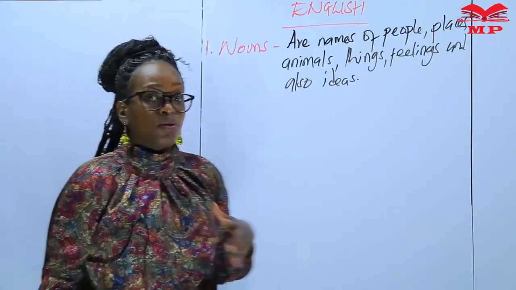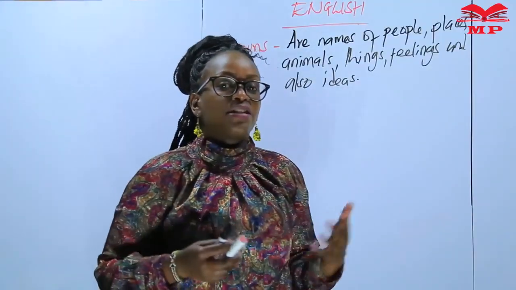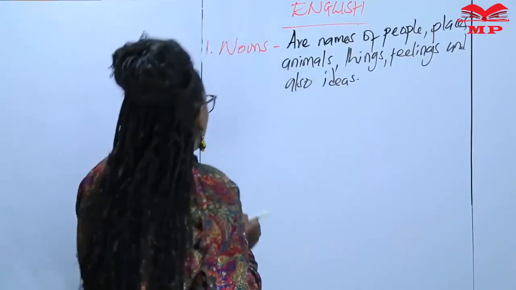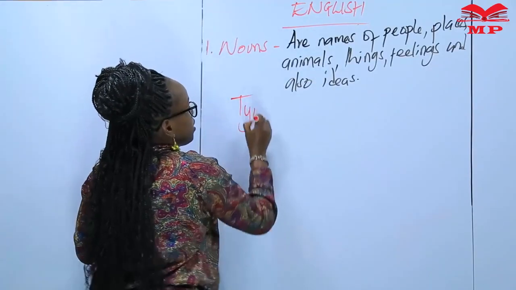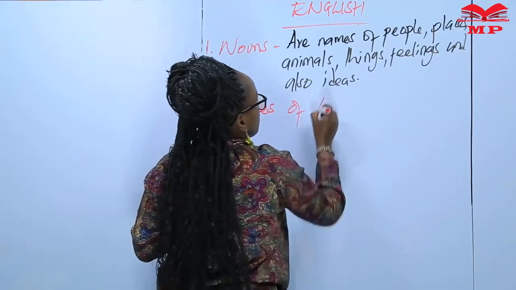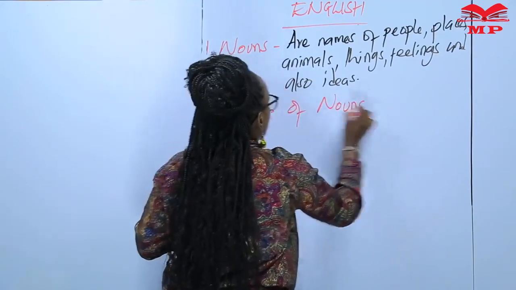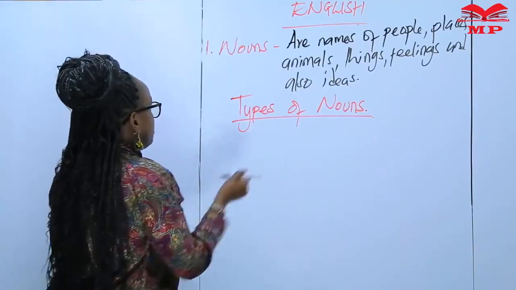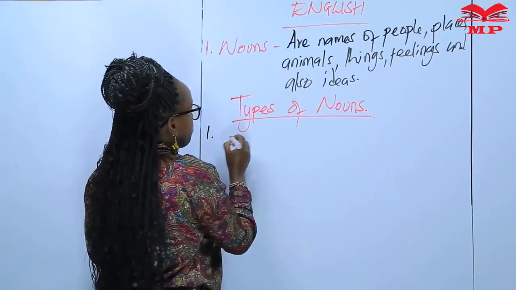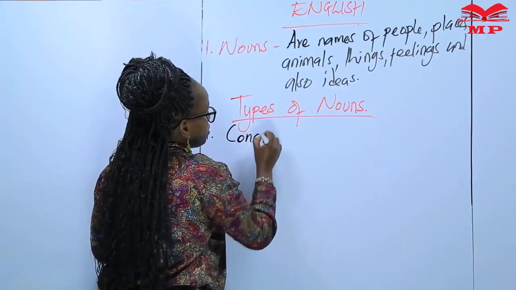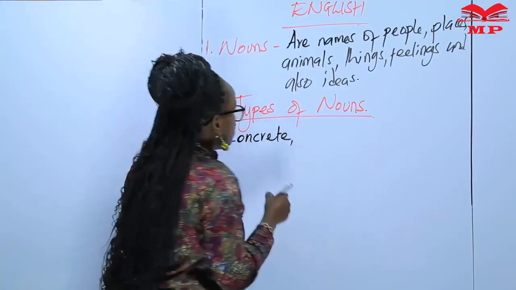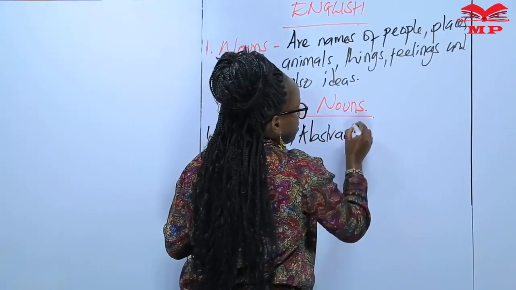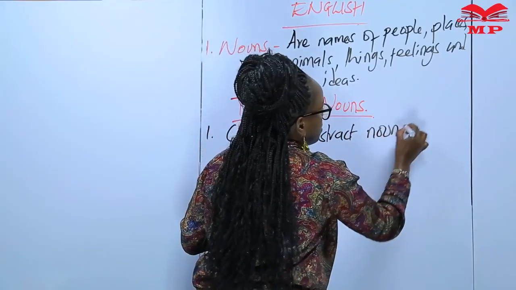Now we're going to be discussing the different types of nouns that we have. The types of nouns. The first type, we have what we call the concrete and the abstract nouns.